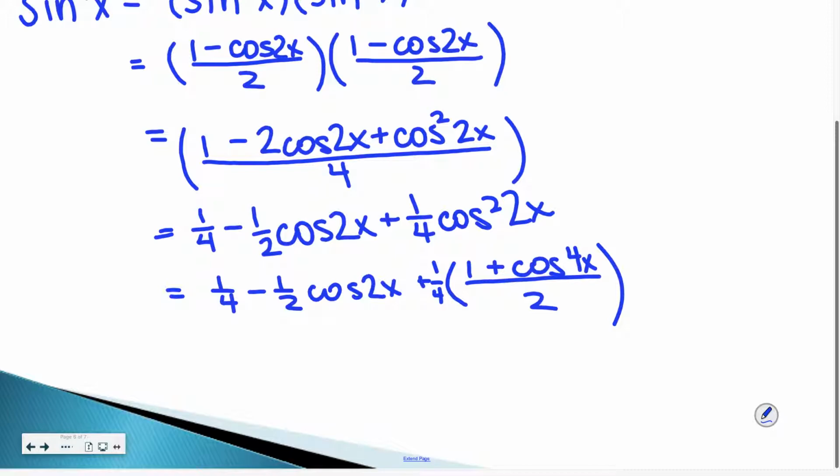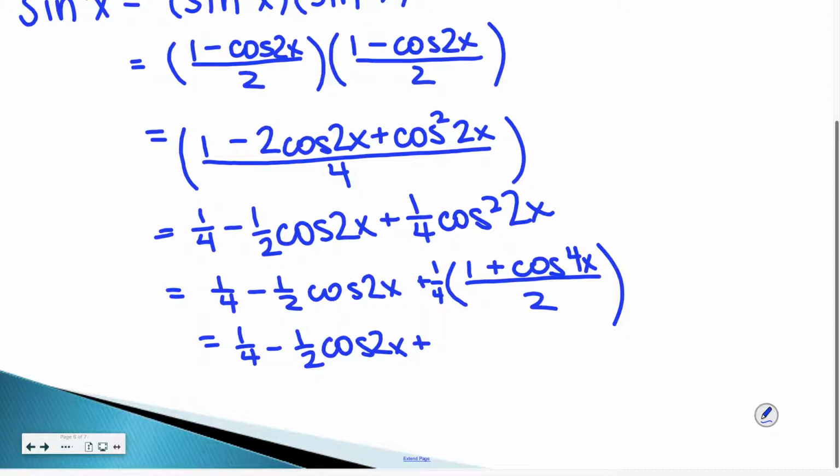Okay, from here it's just little itty bitty algebra things. Okay? We have 1/4 minus 1/2 cosine of 2x. Let's talk about what we have here. This would break up to 1/2 plus 1/2 cosine. Do you agree? Like we could break that. Yep. We could separate the fraction.